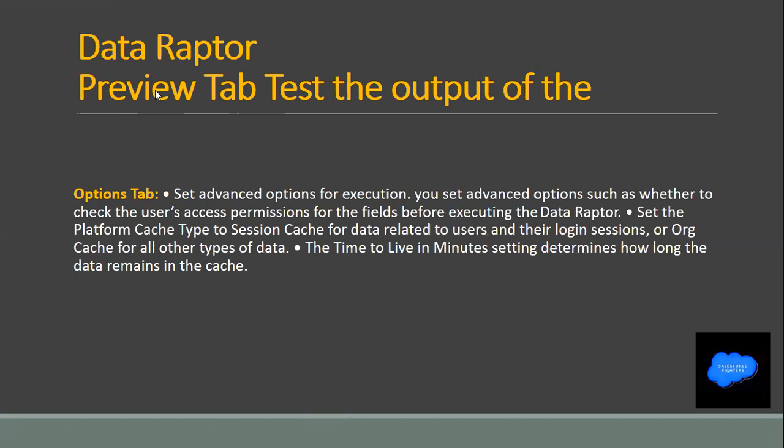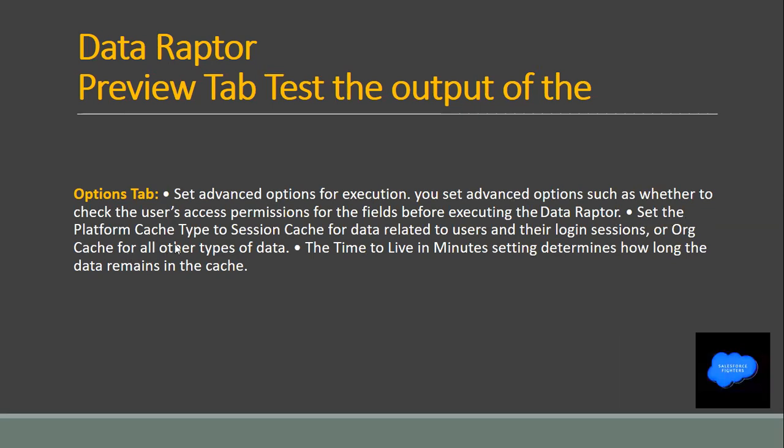Next, the data reporter preview tab takes the output of the options tab. Set advanced options for the execution. You set advanced options such as whether to check the user's access permission for the fields before executing the data reporter.